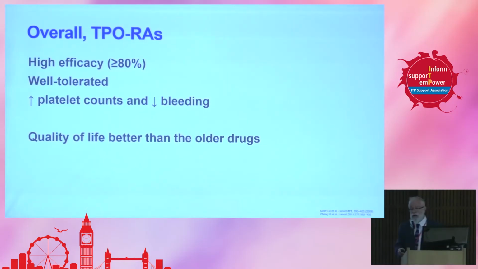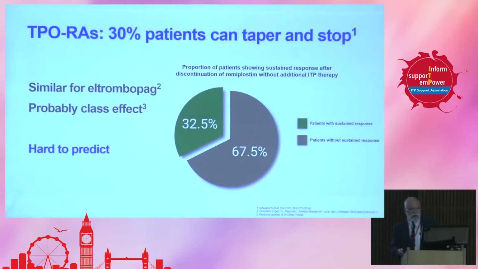They are well tolerated. This is from the clinical studies, but in real life, we know that by and large, I know somebody in this audience had a side effect with one who's probably going to say something, but in general, they are well tolerated compared to everything else we had. And the platelet counts rise amazingly, and the bleeding, if you have any, stops. And if you're on a bit of azathioprine or mycophenolate or steroids, you can usually stop that, and the quality of life is better.